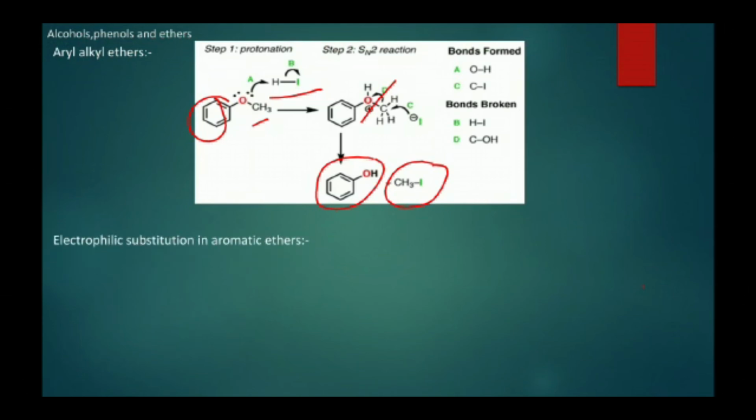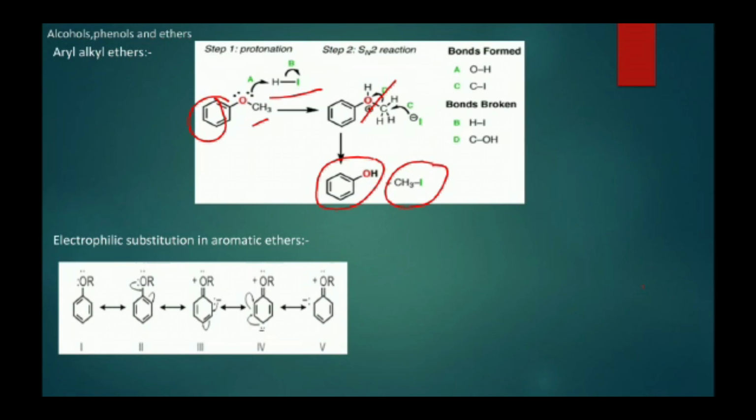Now electrophilic substitution in aromatic ethers. As we know, aromatic ethers give electrophilic substitution reaction at ortho and para position. Why does it give the electrophilic substitution reaction?